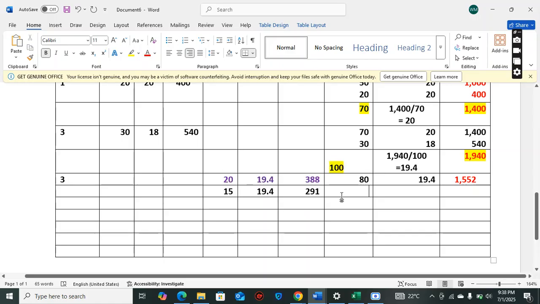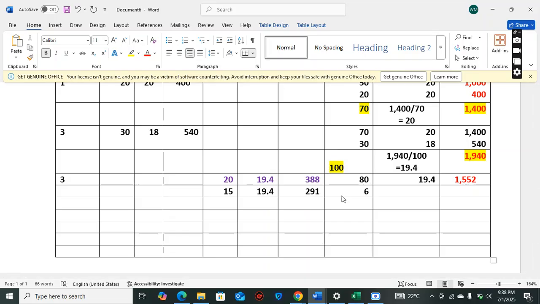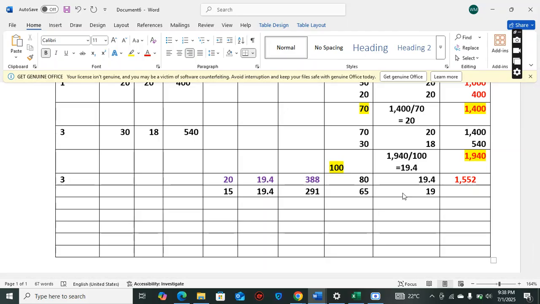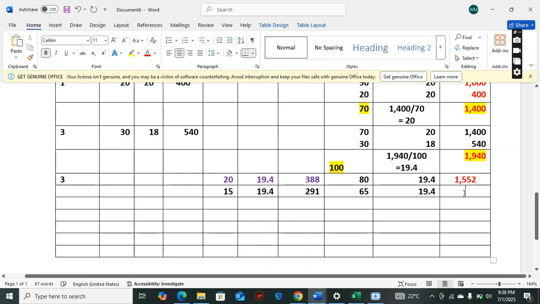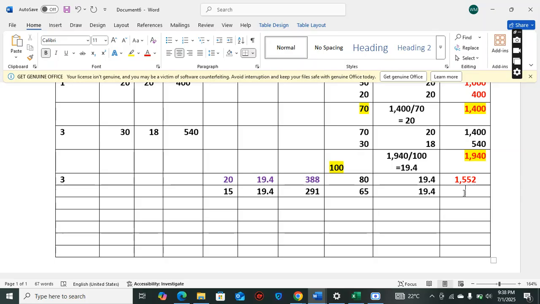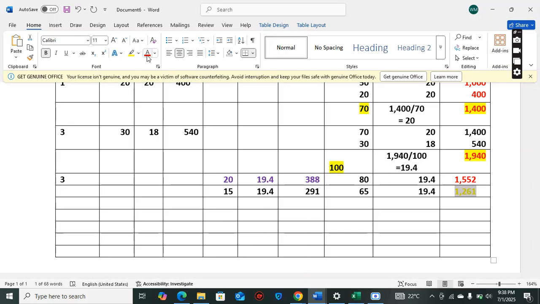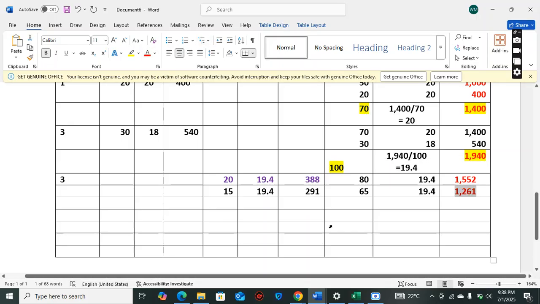So 80 minus 15, that is 65. 65 times 19.4, 1261.